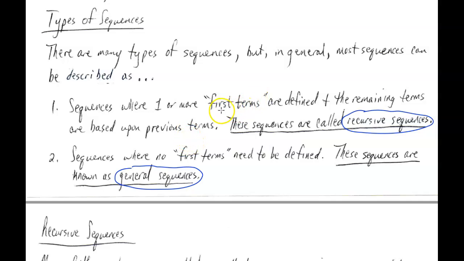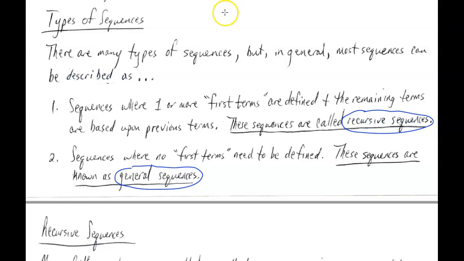So in other words, we have, let's say, 1, 2, or 3 terms that we just say, hey, we're going to start off with these. These will be the first numbers in that sequence. And remember, a sequence, for all practical purposes, is just a list of numbers. And we keep track of what number it is in the sequence by natural numbers.